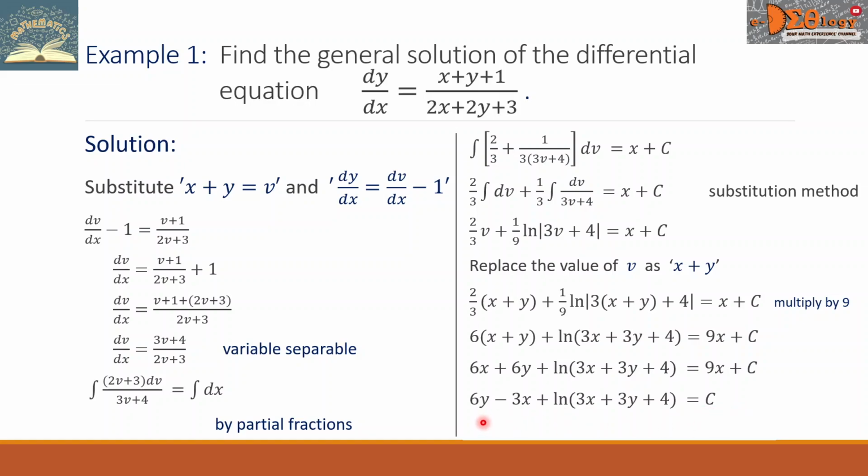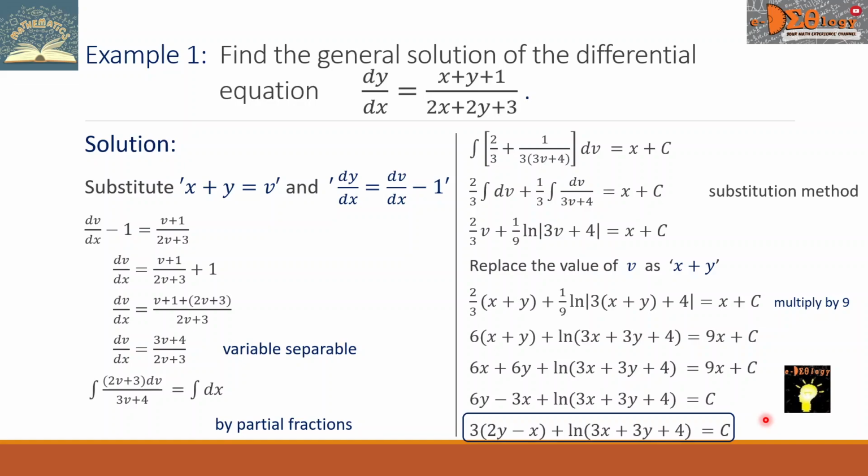We can simplify further by factoring out the common factor, that is 3, for this 6y minus 3x. So we have now this 3 times the quantity (2y minus x) plus the natural log of the same value here equals the constant c. This is now the final answer.